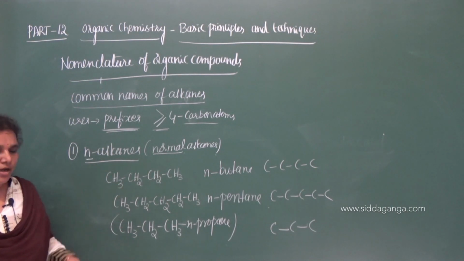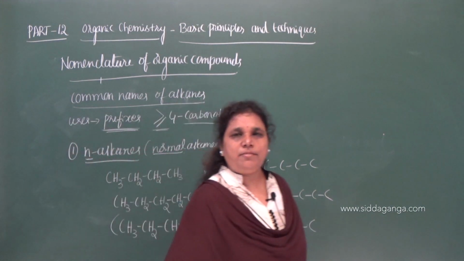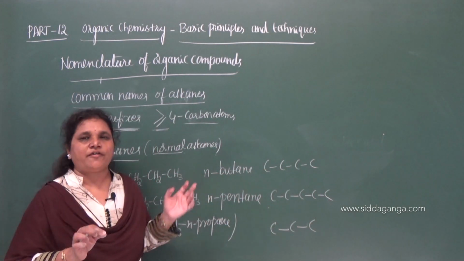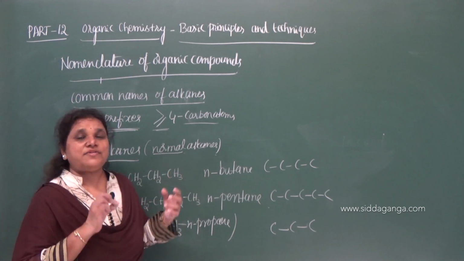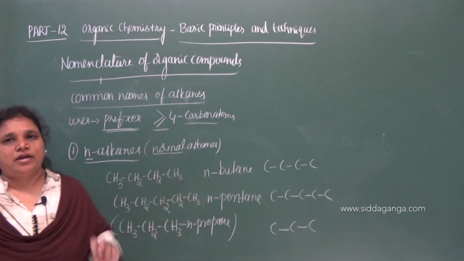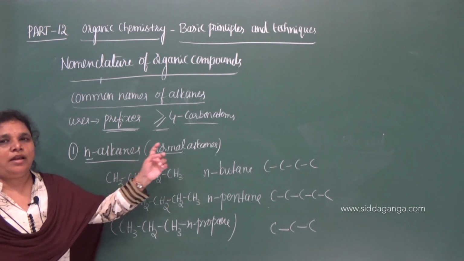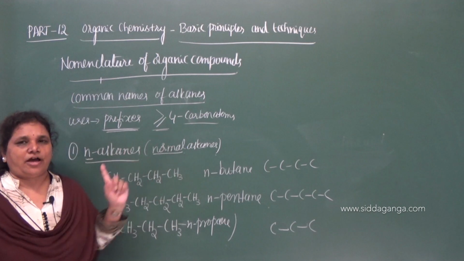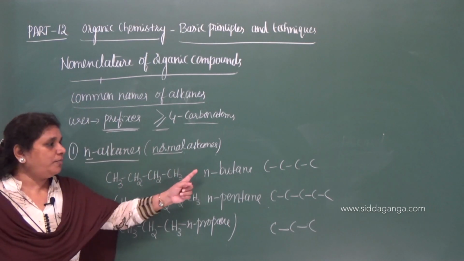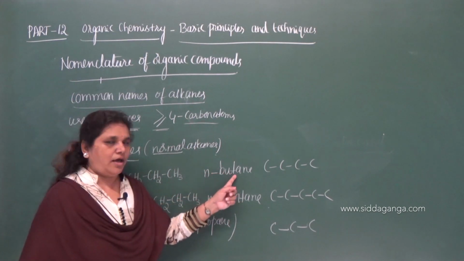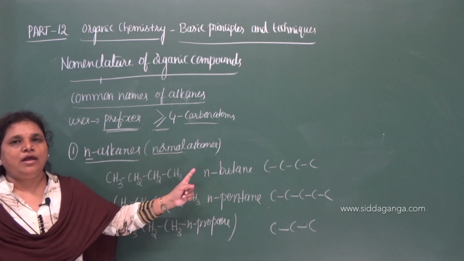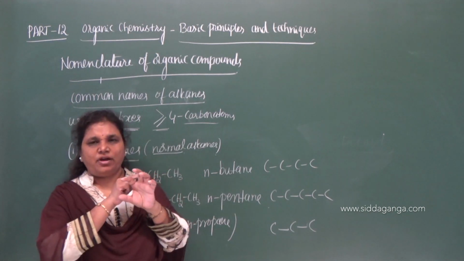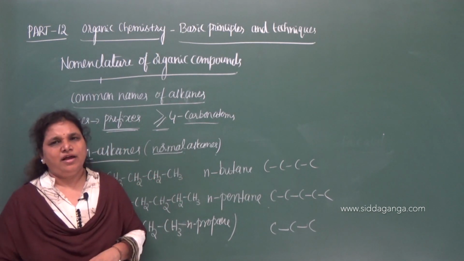Then what are n-alkanes? N-alkanes are nothing but alkanes which contain a straight chain of carbon atoms. If a given alkane contains a straight chain of carbon atoms, then we prefix its name with the small n. Small n stands for normal. Normal stands for straight chain of carbon atoms.